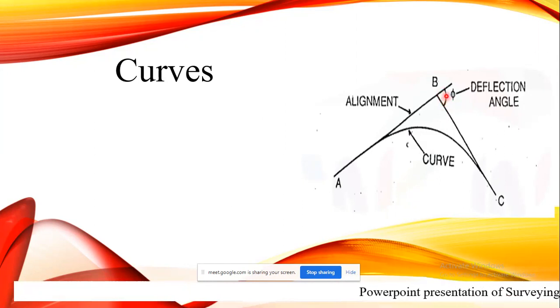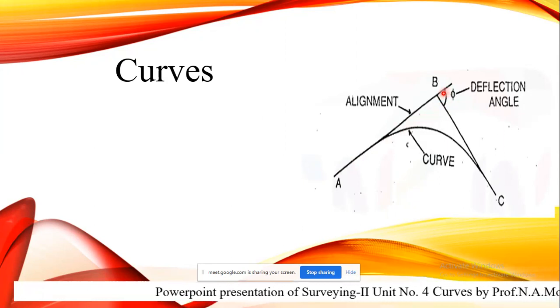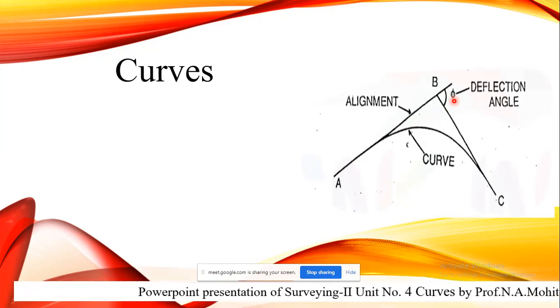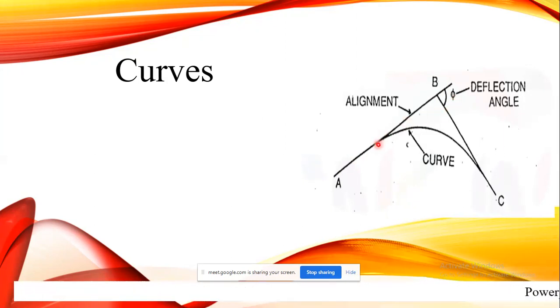Here you can see the change in the angle. It was straight here and there is a change in direction, so this angle is called the deflection angle.